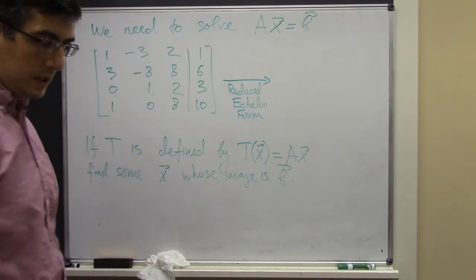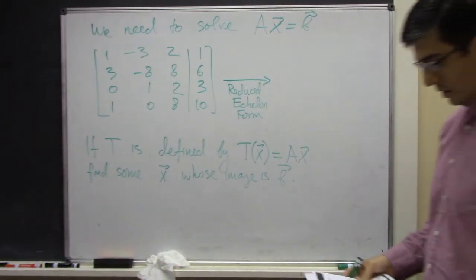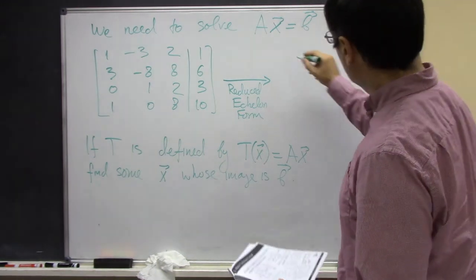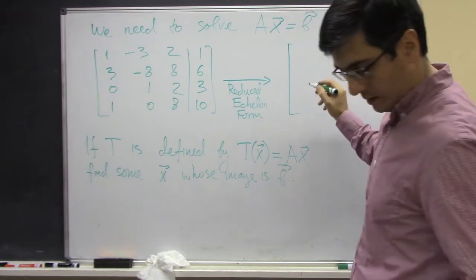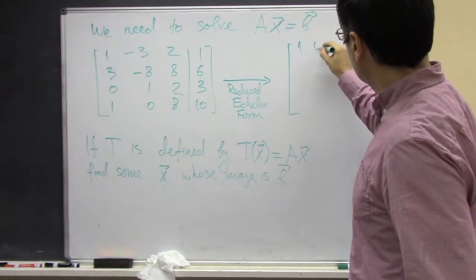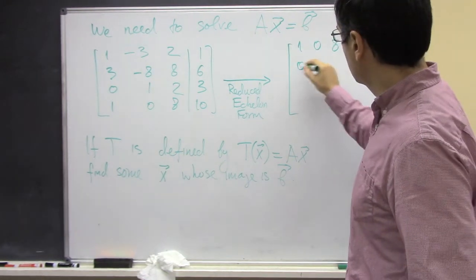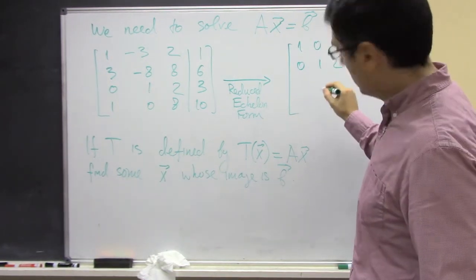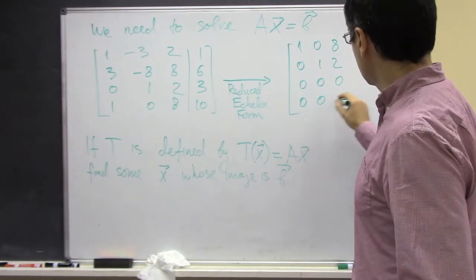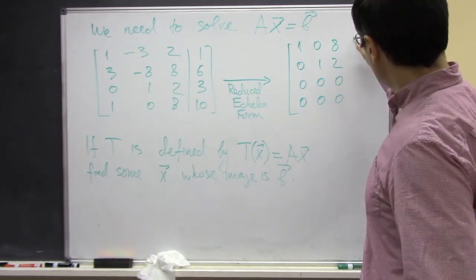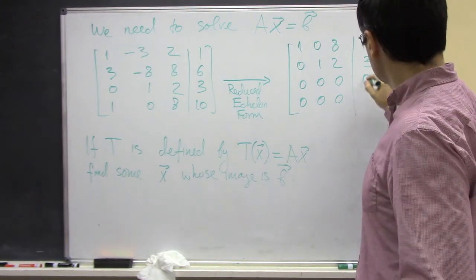To solve a system, you have to bring the augmented matrix to the reduced echelon form, and the matrix that you get is 1, 0, 8, 10; 0, 1, 2, 3; 0, 0, 0, 0.